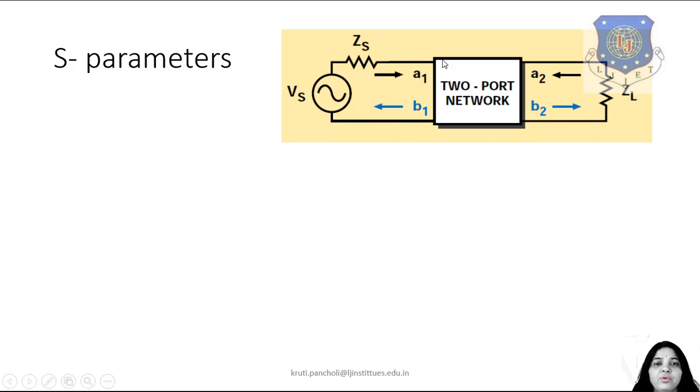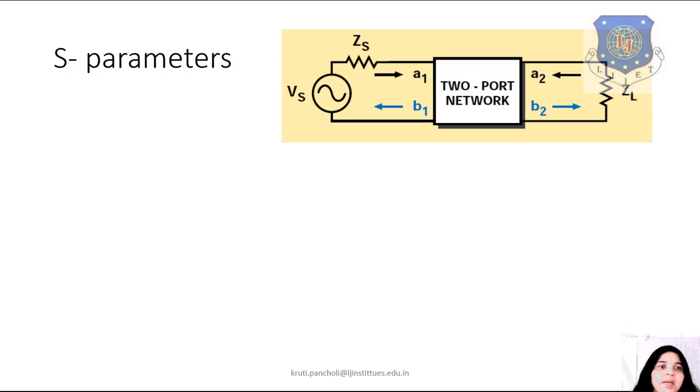Now to describe a particular system, we should have some technique to determine the equations of that system. The parameters that we already learned for low frequency are the admittance parameter, the Y parameter, the impedance parameter, the Z parameter, the hybrid parameter, the H parameter, and the ABCD parameter.